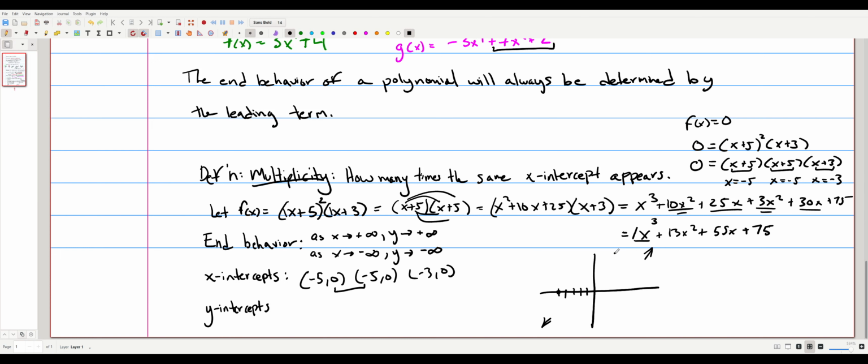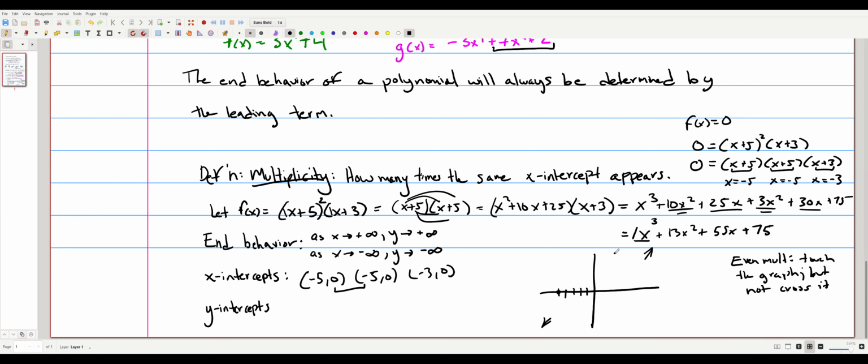So if you have even multiplicity, you're going to touch the x-axis but not cross it.